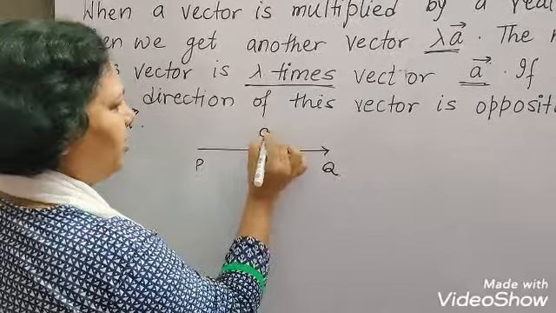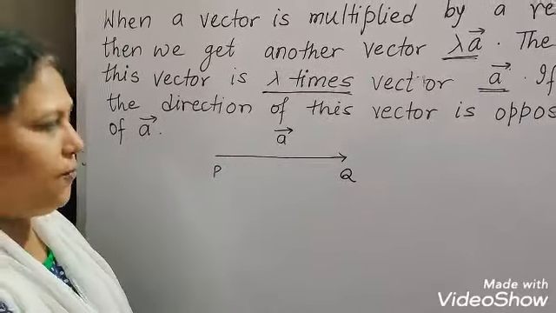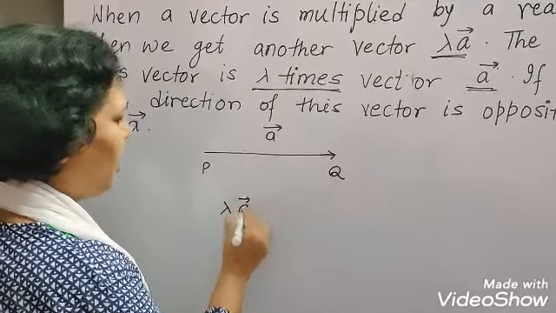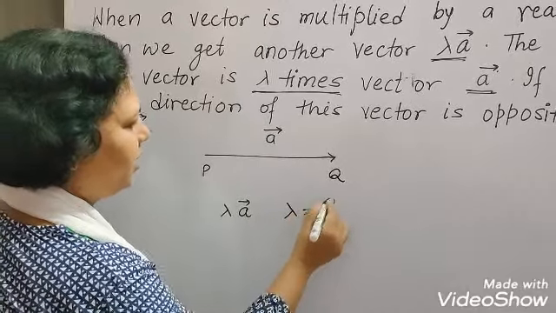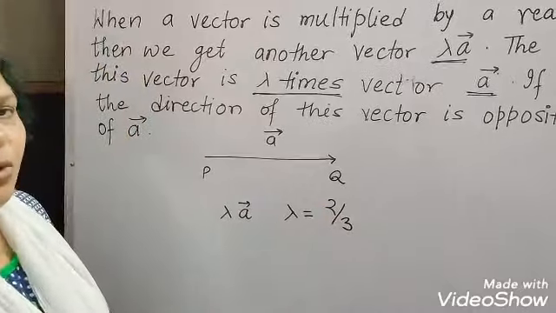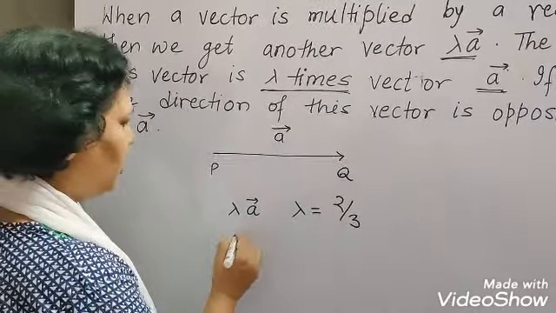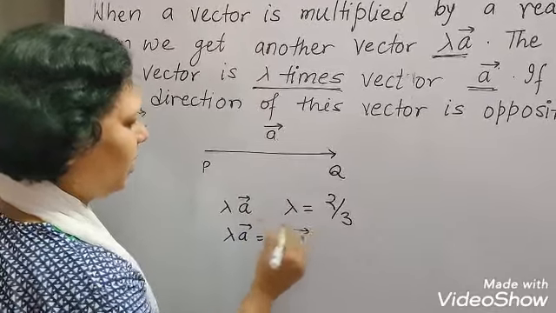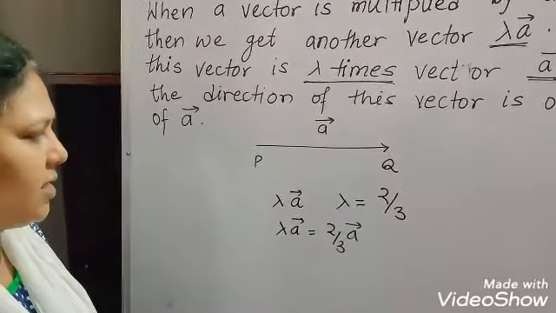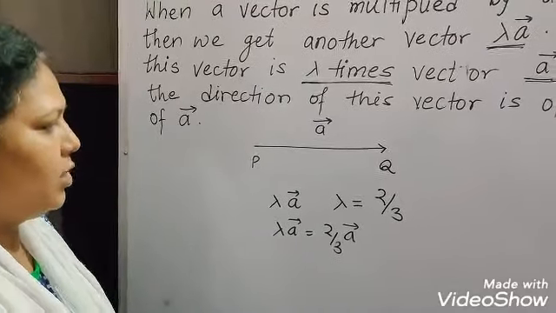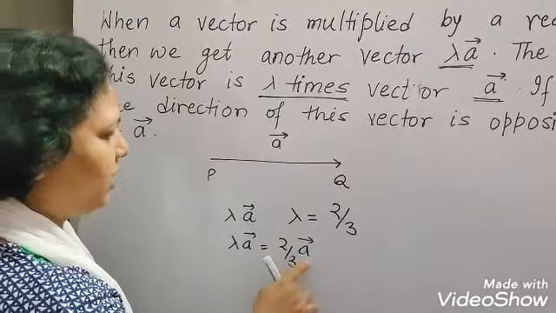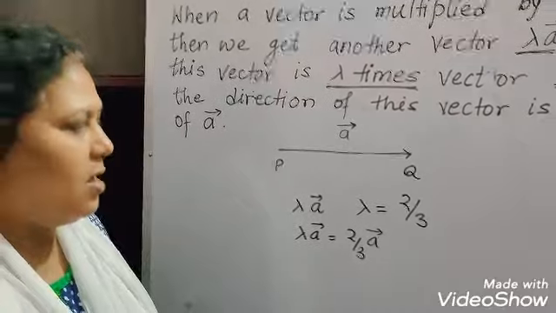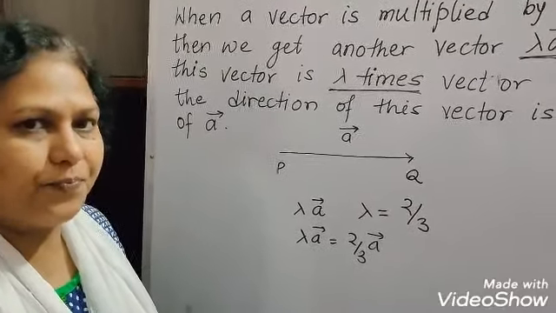This is vector A. Now, if I have to represent another vector which is lambda times A, and suppose lambda is 2/3, then lambda A will become 2/3 of vector A. That means lambda A is a vector whose magnitude is 2/3 times the magnitude of vector A, and the direction will be the same as the direction of vector A.